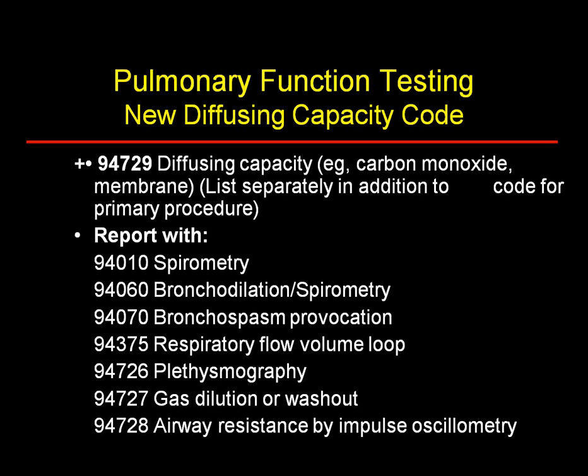Next slide. As mentioned earlier, the diffusing capacity is now an add-on test and requires a base code. Here's a list of any of these 7 pulmonary function studies, either spirometry or lung volume measurements or airway resistance by oscillometry, that can serve as the base study for the add-on diffusing capacity code. Next slide.